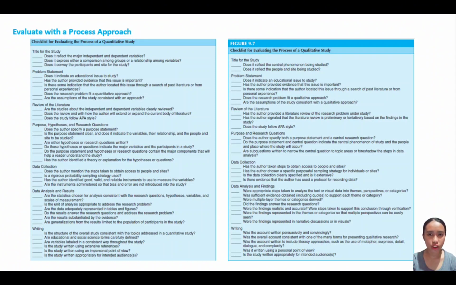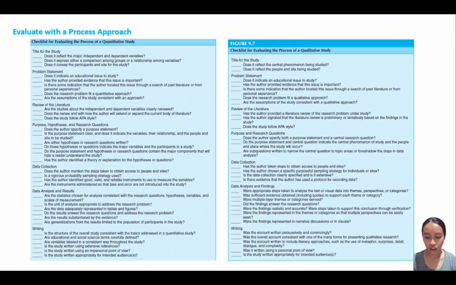For instance, the title should clearly reflect the major variables and the type of comparison or relationship being studied. The problem statement should identify an educational issue and demonstrate its significance. The review of the literature should end with a clear indication of how the study contributes to existing knowledge. The purpose statement, hypothesis, or research questions should be well defined and aligned with the variables and participants.